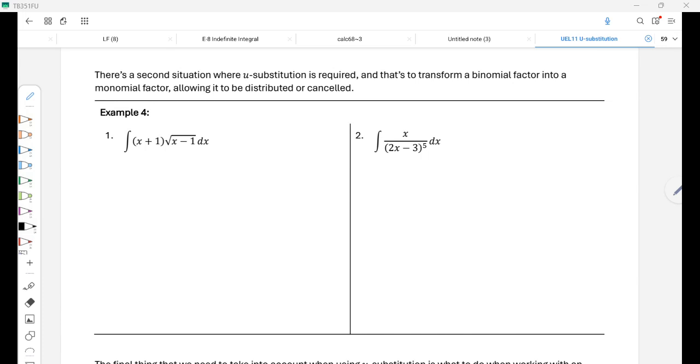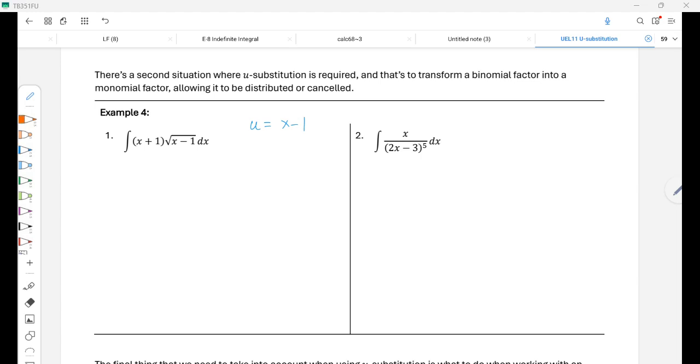There's no good algebra to do here because it's in the denominator, because it's being raised to the 5th power. I can't split this up into a 2x and a minus 3. But if in both cases I make the two binomials that have something being done with them into my U, we now have algebra that we can do. So I'll show you how to do that in these two examples. You're going to make, in both of these cases, U equal to just the linear guy. So U equals x minus 1.